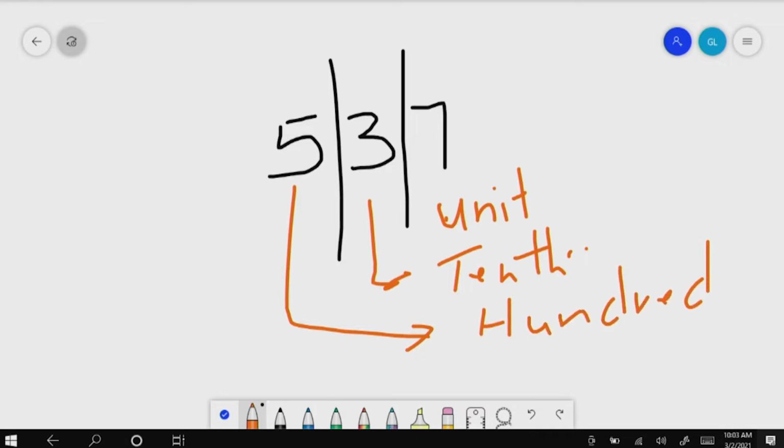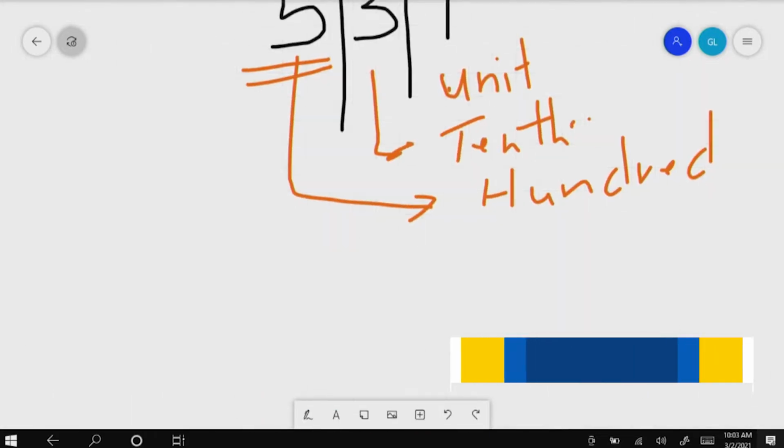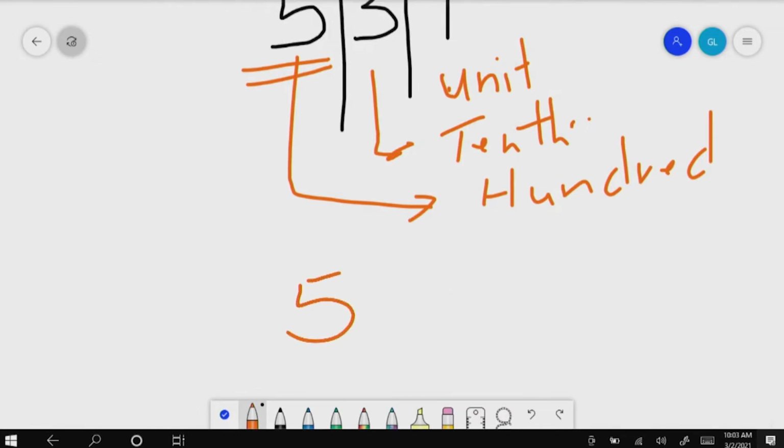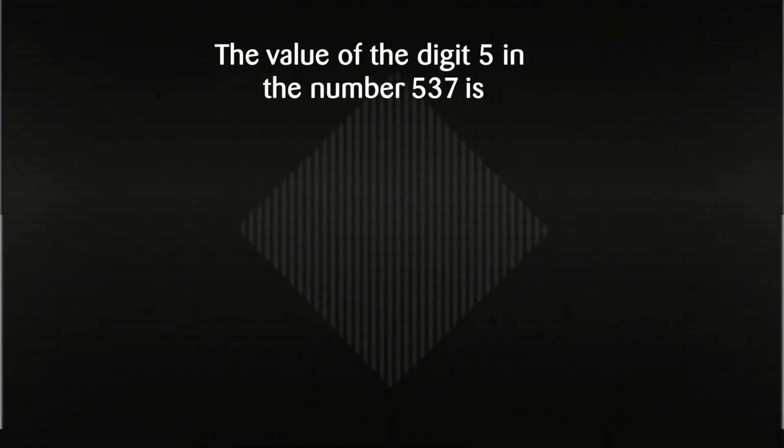They're asking us what is the value of 5 in this number. The value of 5 would have been 500. So our solution for this question is C.